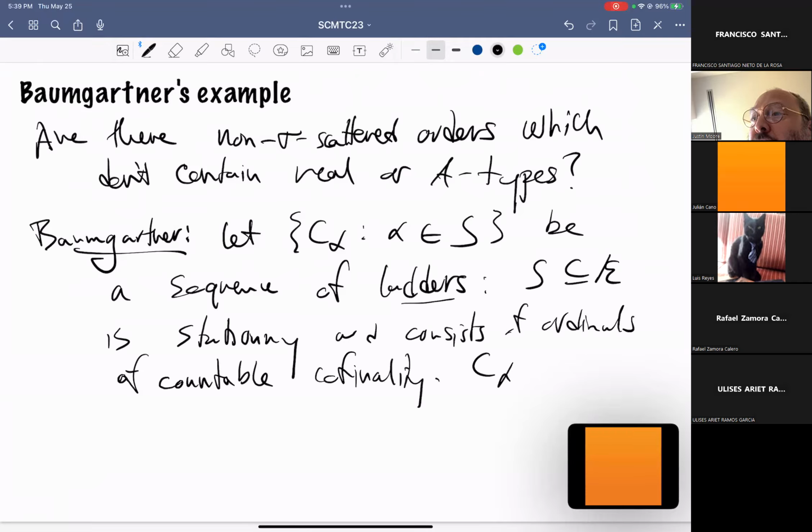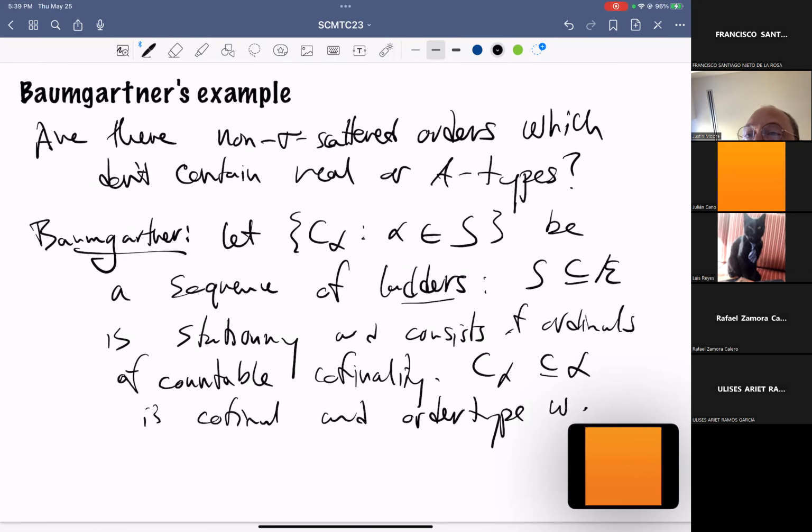And C alpha, a subset of alpha, is cofinal and of order type omega. All right, so if you take the set of C alphas and you order it lexicographically, this is non-sigma scattered.